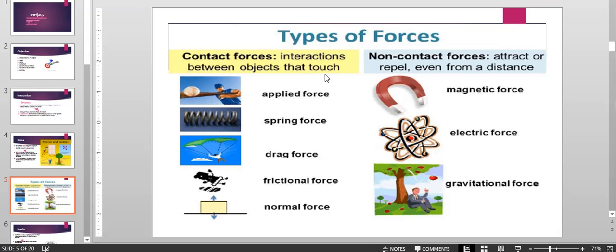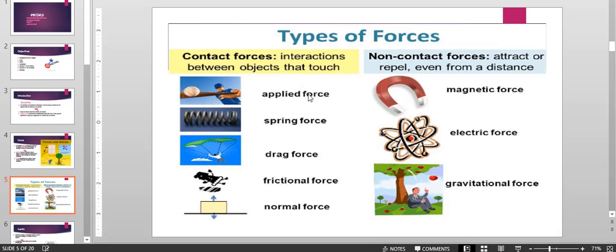Whenever two or more things interact with one another by touching, you will see a contact force phenomenon there. Whereas in the case of non-contact forces, the objects attract or repel even from a distance.